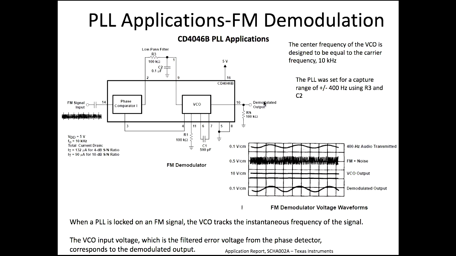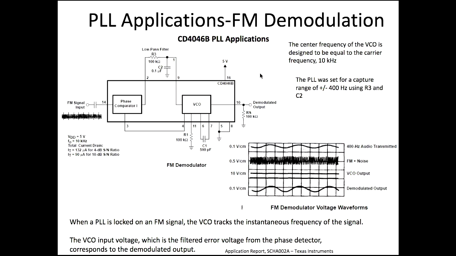These are ICs, so you can see PLL for frequency demodulation. In some of your applications, maybe as a system engineer, you might have to do some frequency demodulation. Then you should remember, PLL can do frequency demodulation.